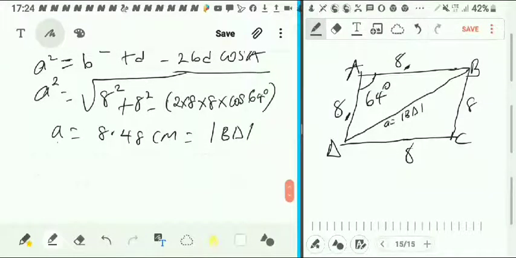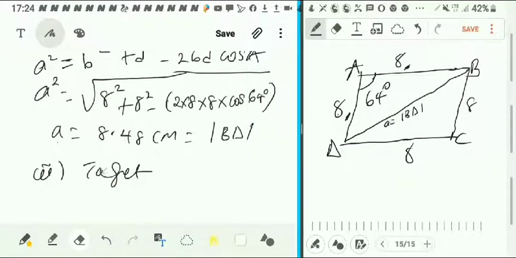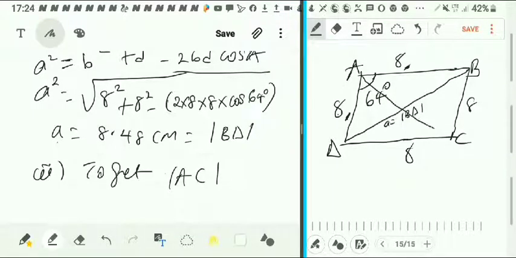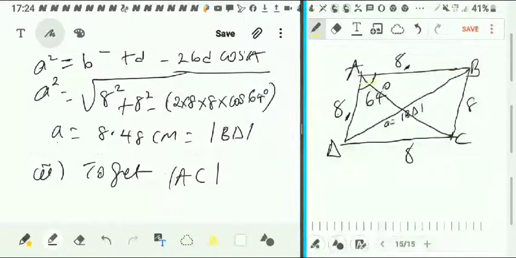The next thing now, I want to get AC. What is AC? AC is another diagonal, the line that joins this one to this other side. Let me use a different color so that we don't get confused, this is AC.